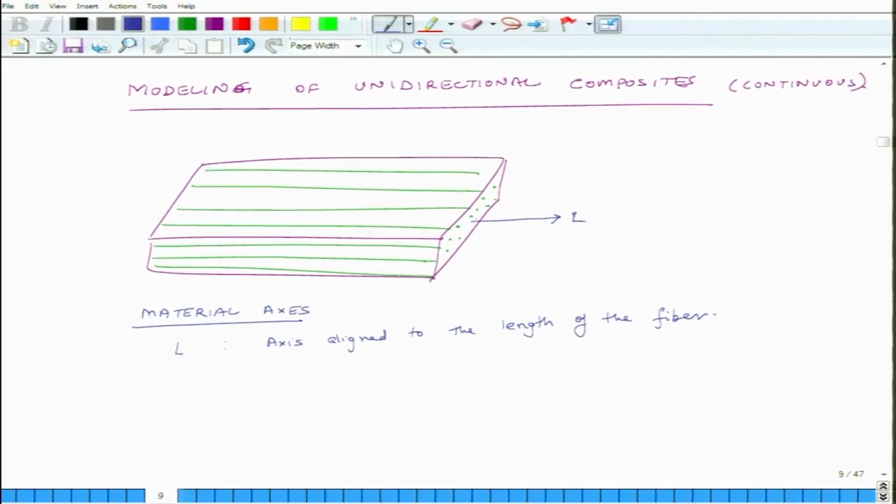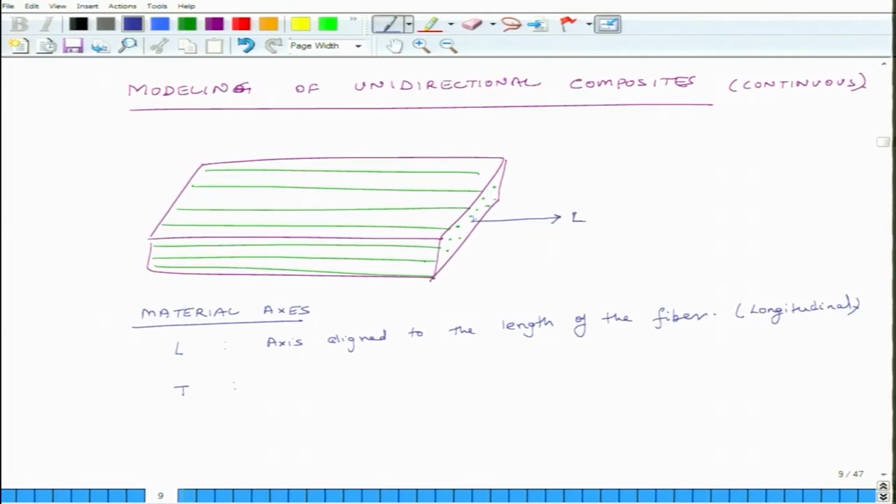Then the other direction we look at is the T direction. So, let us say this is T direction. L corresponds to longitudinal.